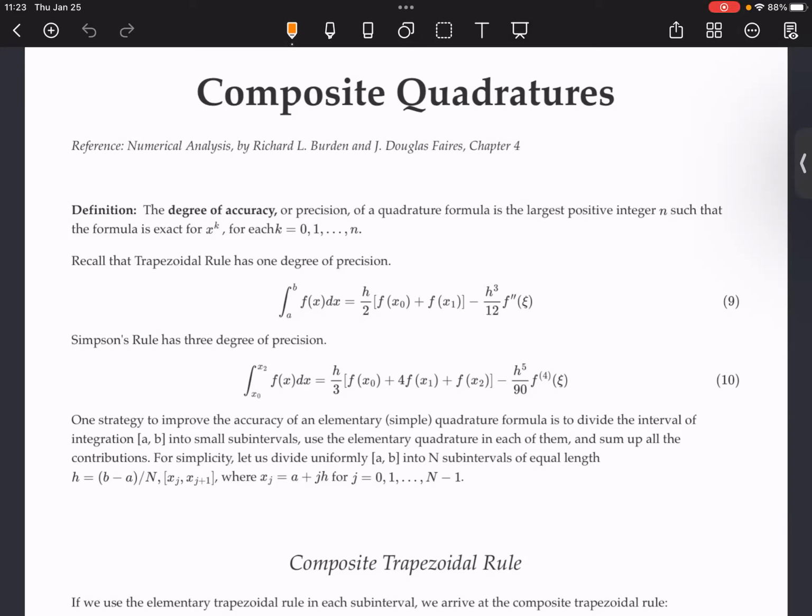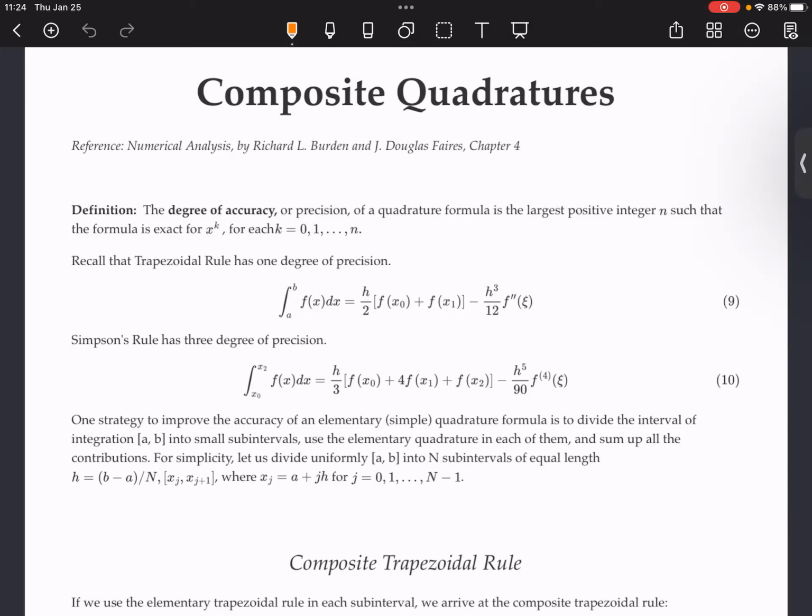This time, if we want to improve the accuracy, we can divide the interval into n subintervals and apply the trapezoid rule to each subinterval. We can do the same idea for the Simpson rule.